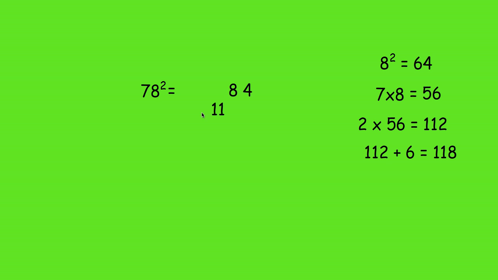Now you have to find out 7 square. You know 7 square is equal to 49. Now add 11 to 49, 49 plus 11 is equal to 60. So 6084 will be the square of 78.